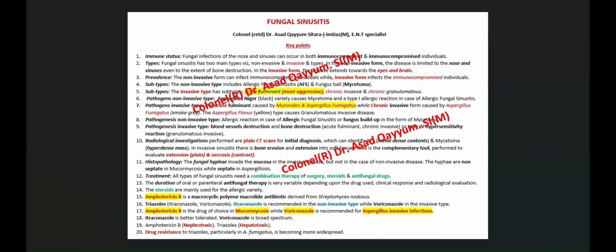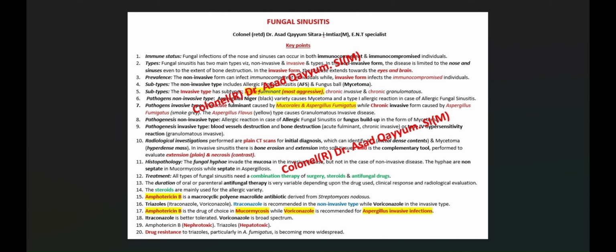Coming towards the side effects, amphotericin is nephrotoxic, while triazoles are hepatotoxic. So, while choosing the antifungal drug, we have to check the renal and hepatic status of the patient. Drug resistance is another important thing.